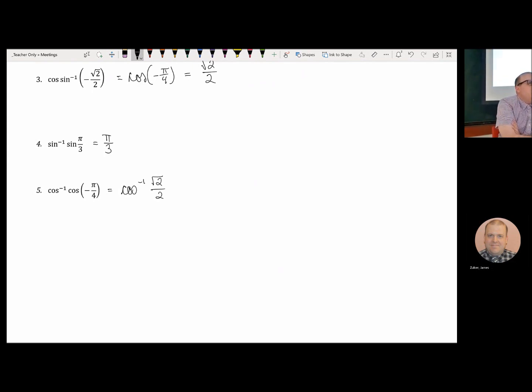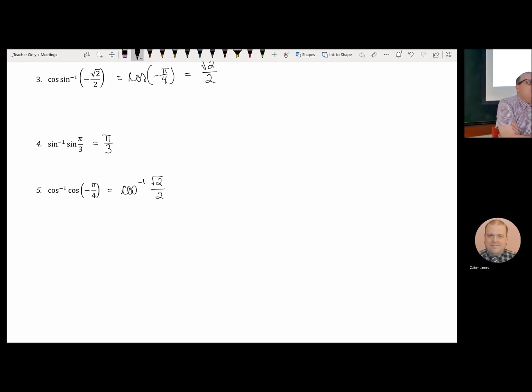Range is 0 to pi, which is what quadrants? 1, 2. In which of those is cosine going to be positive? So you're looking for an angle between 0 and pi over 2.